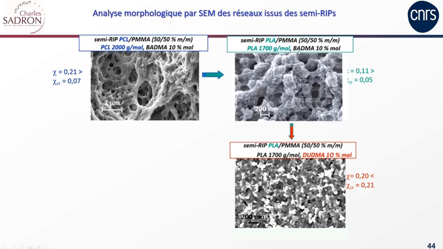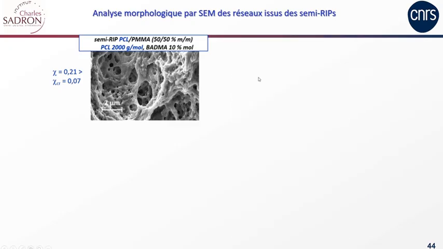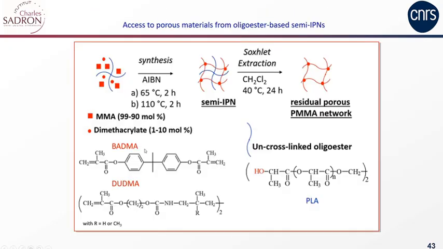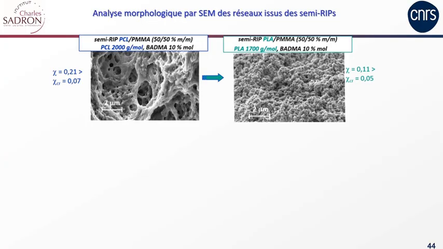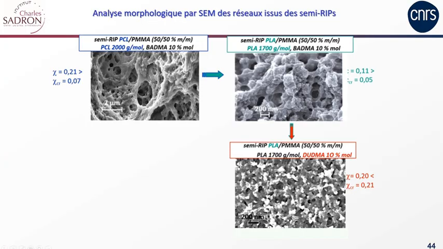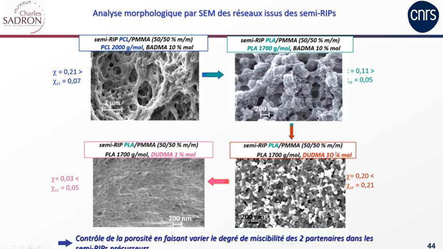Then when you change the cross-linker, instead of using this one, we use urethanes, you will improve the compatibility between the matrix and the oligoester, and we will further decrease the pore size. And eventually, when we decrease the composition of dimethacrylate, we further decrease the pore size.